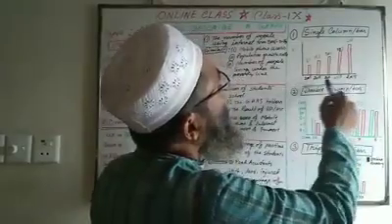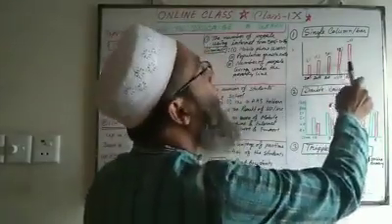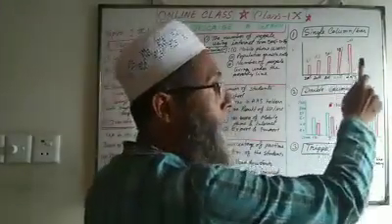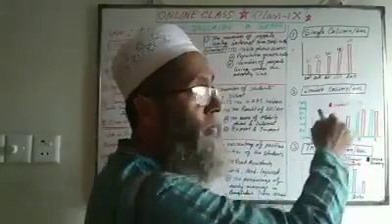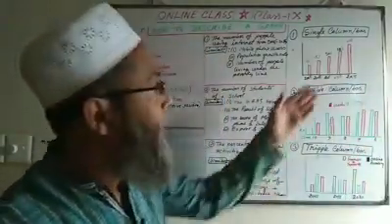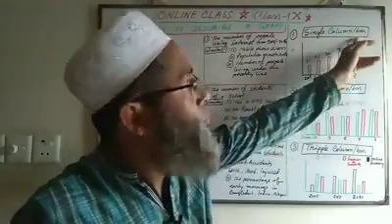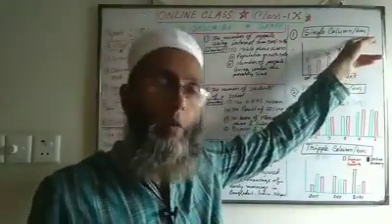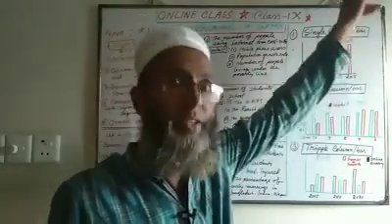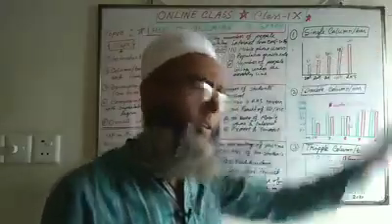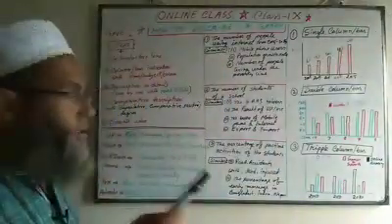Or you can mention in this way: in 2015 the number of internet users came to the top position, or the highest position, and in this way you will mention.